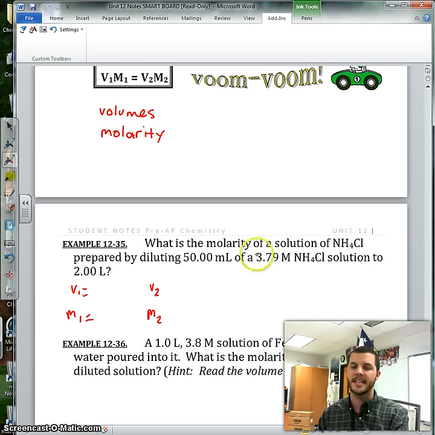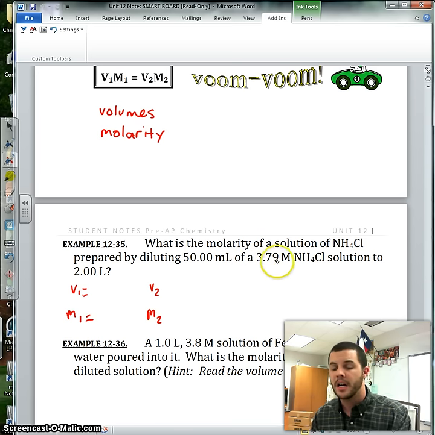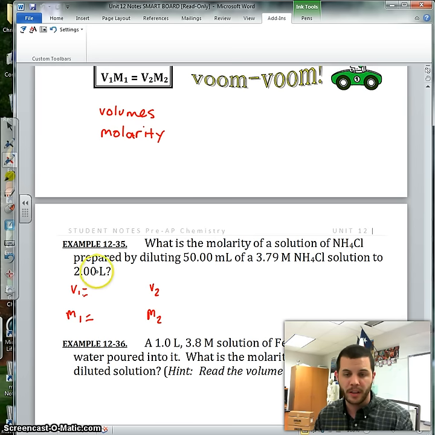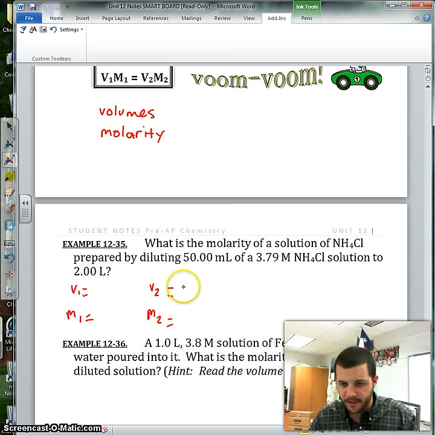It says, what is the molarity of a solution of ammonium chloride prepared by diluting 50 milliliters of 3.79 molarity to 2.0 liters? If we're going from 50 mL to 2 liters, the 2 liters is our final volume. So I'm going to plug that in for my final volume, 2.0 liters.